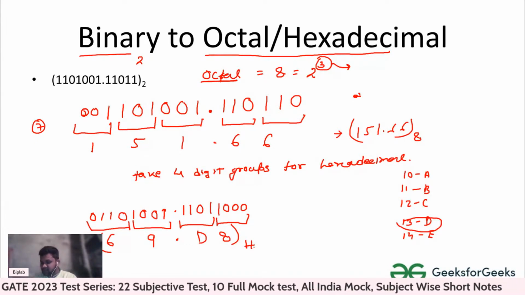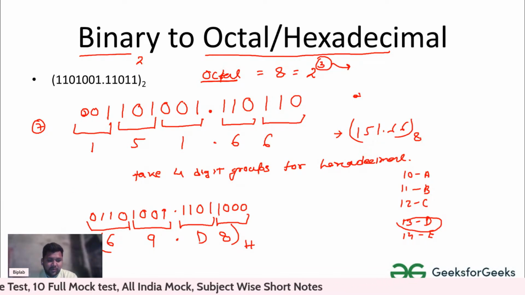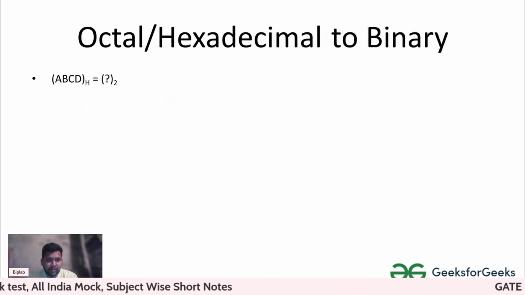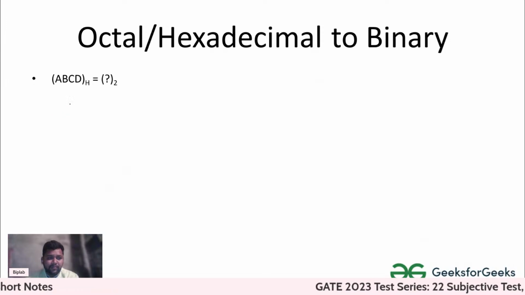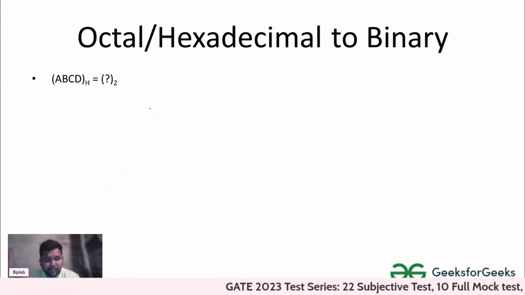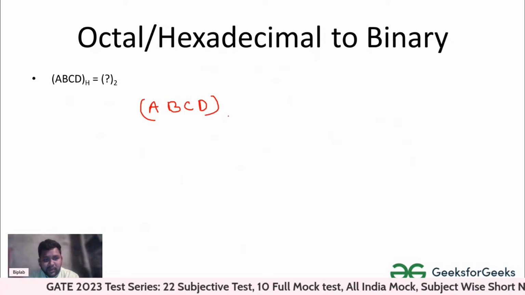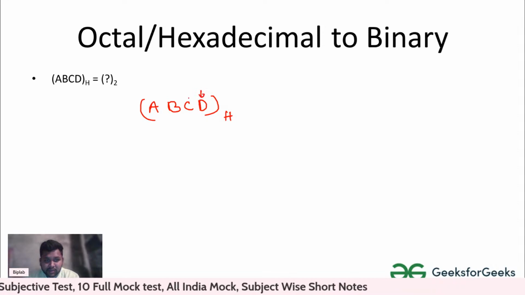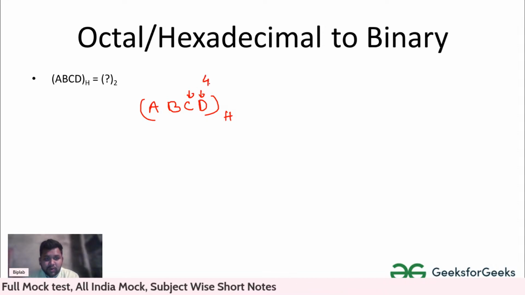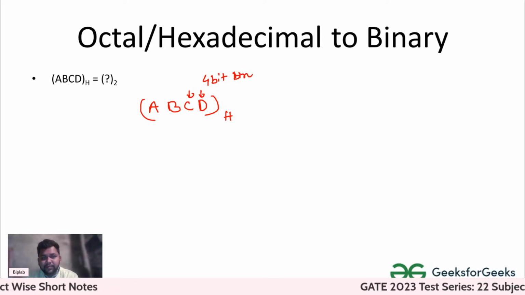If it is clear, let's go to the next and last conversion, that is hexadecimal or octal to binary. The process is simply the same. You have A, B, C, D, and you want to convert it into a base 2 number. Just convert each digit into a 4-bit binary.